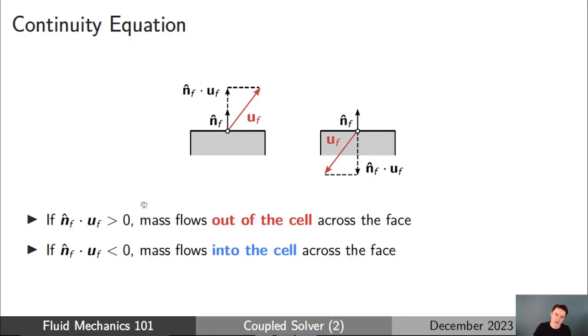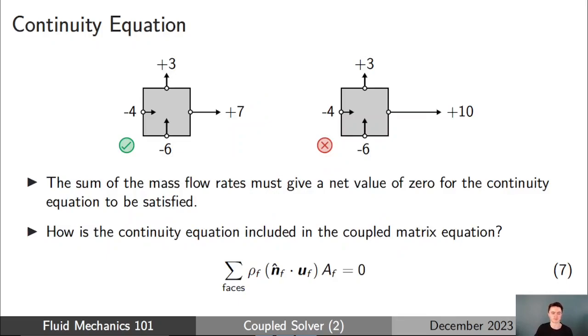So the sign of the dot product is actually telling us whether mass is going in or out of the cell. And of course, if the dot product of the unit normal vector and the velocity is exactly equal to 0, that's because the velocity is perpendicular to the normal vector. There's no mass crossing the face and we're not getting mass passing in or out of the cell. So this dot product is really powerful. It's giving us lots of information and it's really useful for us with the continuity equation.